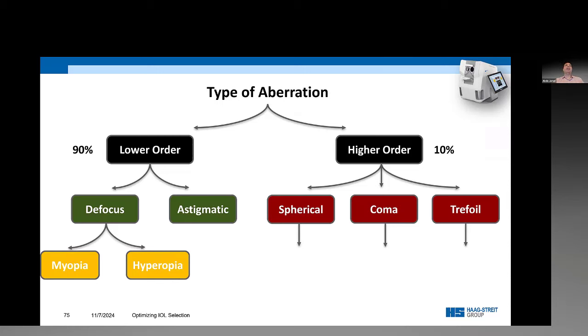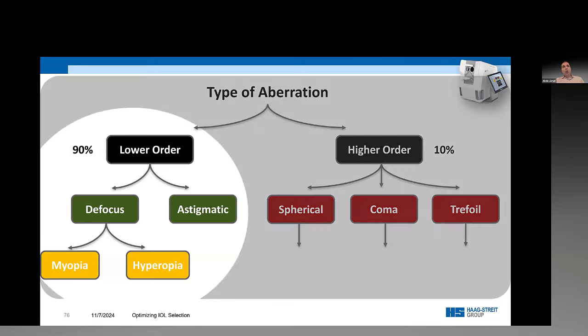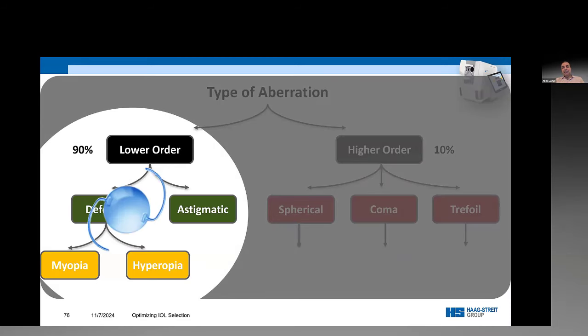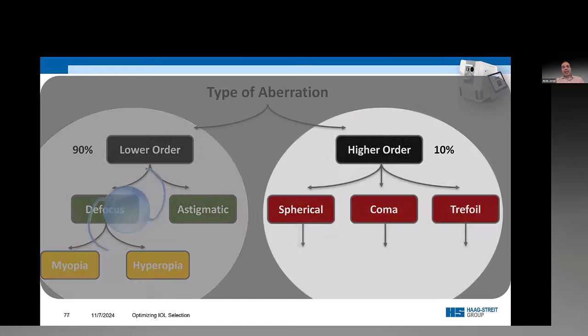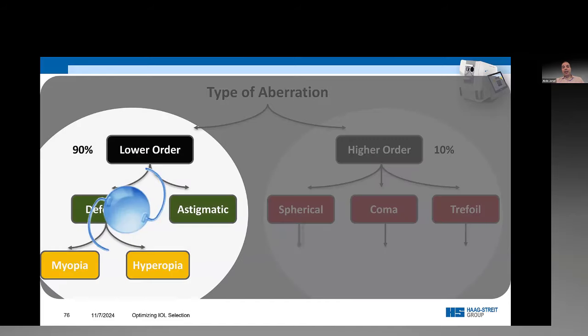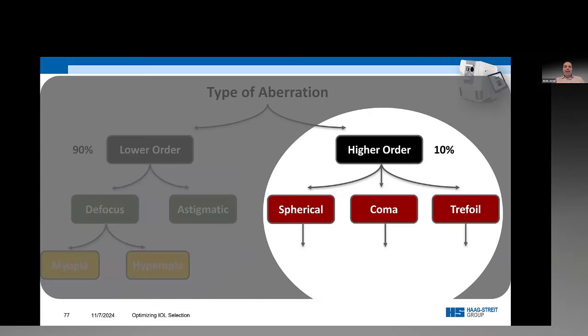The lower order aberration can be treated with cataract surgery, especially with the use of premium IOLs. This doesn't apply for high order aberration, except spherical aberration to a certain extent.